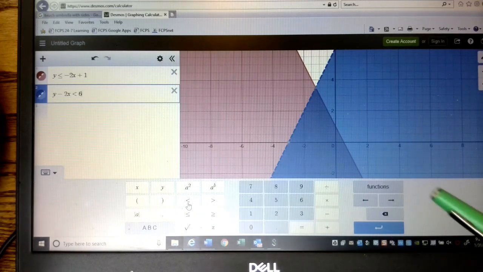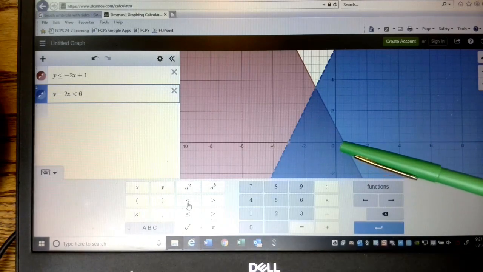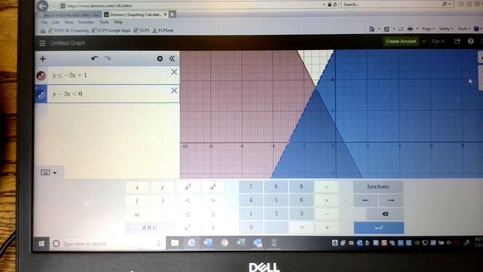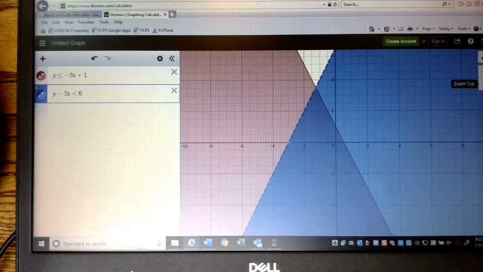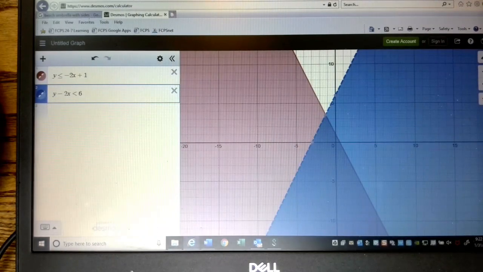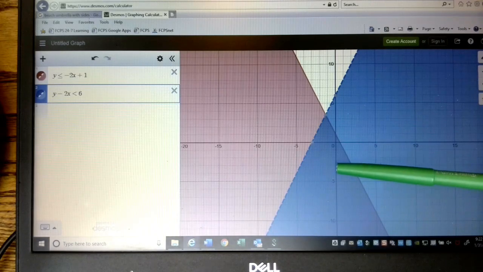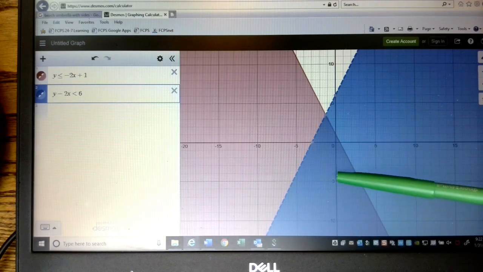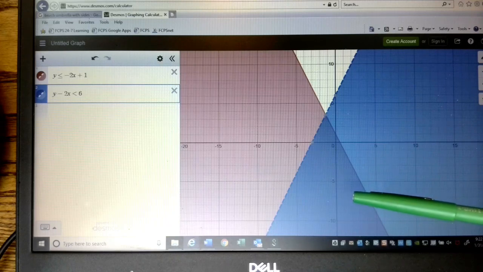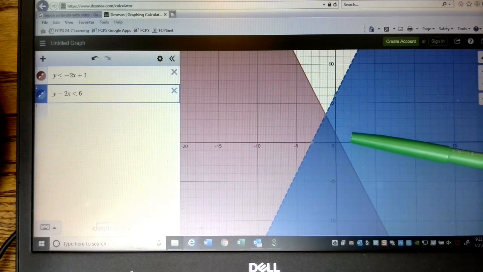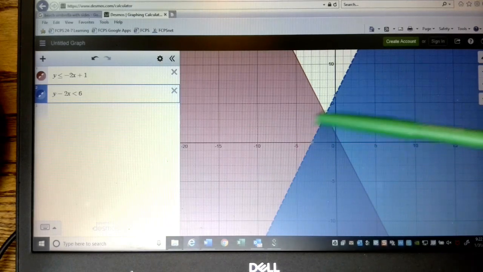When I type in over 0 down 3, and I can make this a little bit smaller if I want to, because now I can see over 0 down 3, yes, that is inside of that double shaded area. Over 2 and up 5, that's in this one, but not this one.